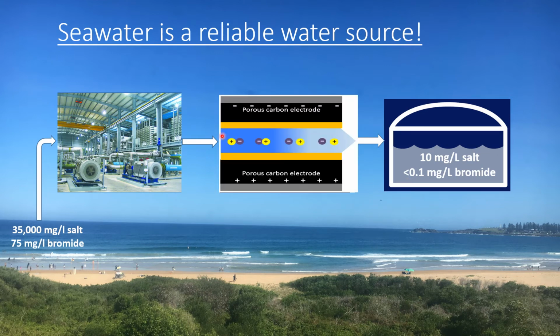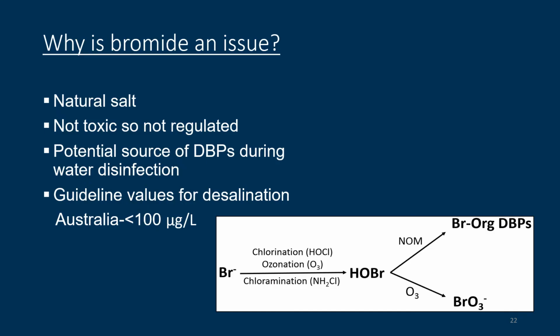So if we replace this second pass with CDI, can we have more energy saving and easier operation than this reverse osmosis? So why are we targeting bromide?